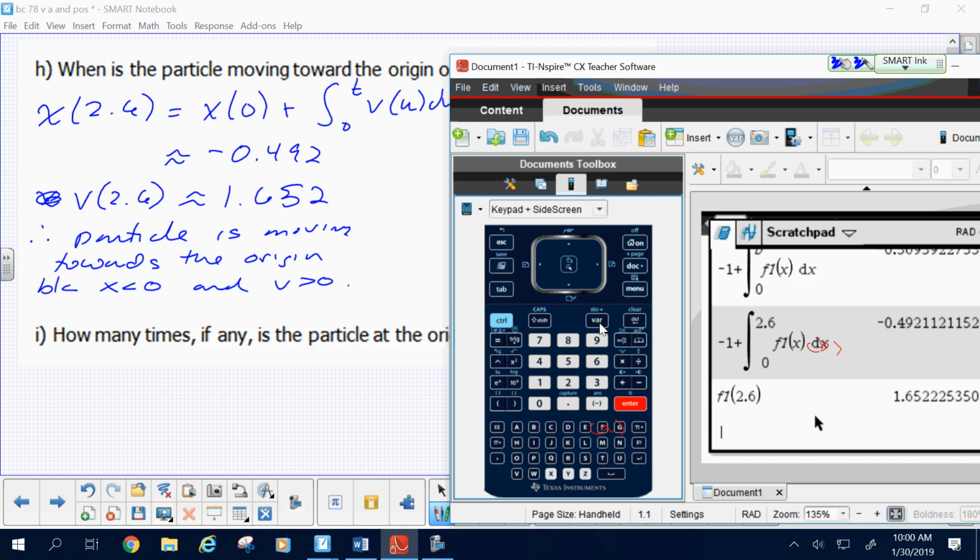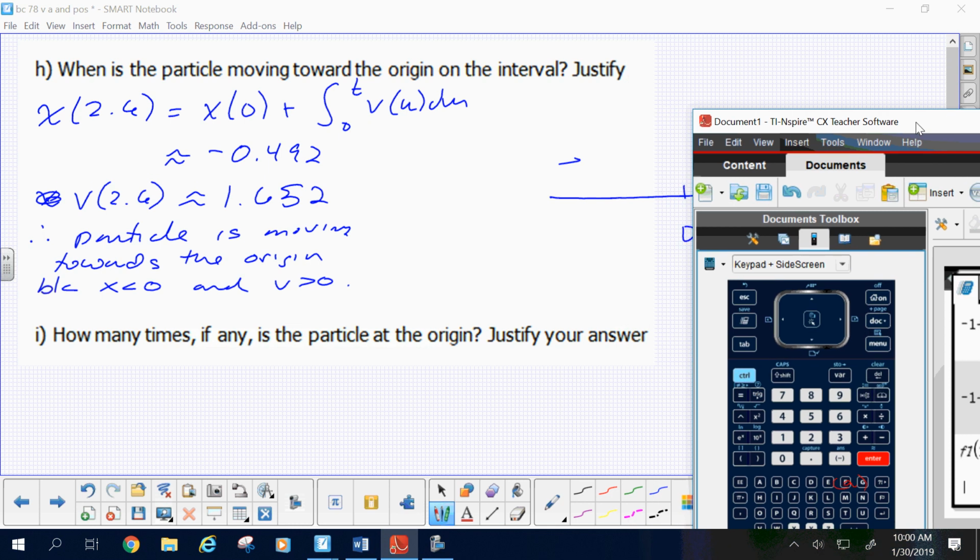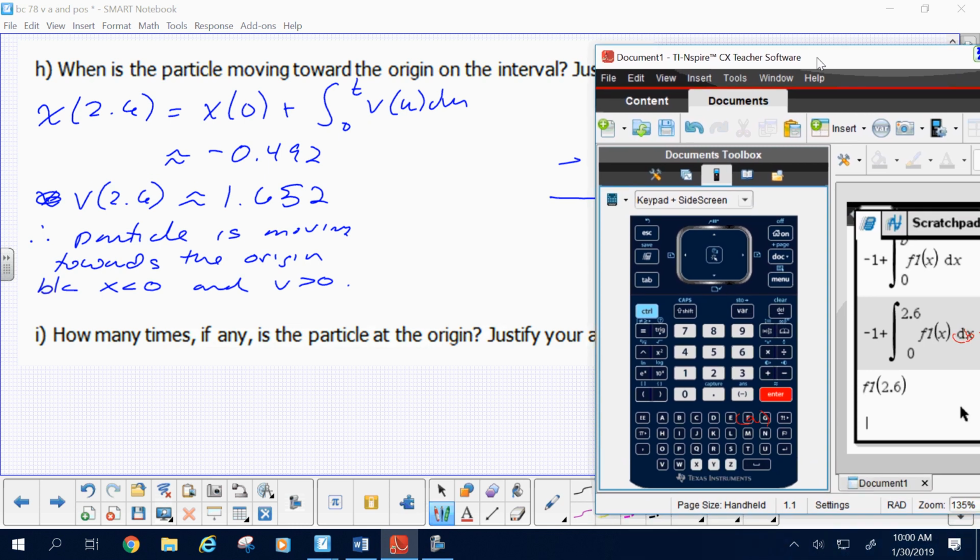Now, if you think because it's left of the origin and moving right, that's true, but how do you know that? Because x is less than 0. So your comeback would be you have to justify why you say that. And if you just go straight to the source of what's going on, that's what they really want. All right? Okay. How many times, if any, is the particle at the origin?